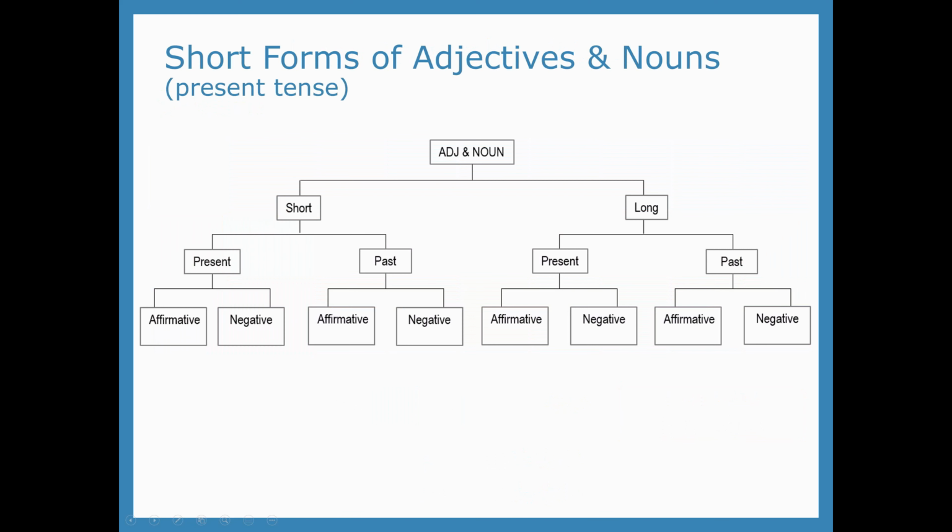So those are the changes that we make to verbs to put them in short form. But we also have a short form version of adjectives and nouns. Fortunately, it's very straightforward. The thing that most people have difficulty with is that they don't really remember the adjective conjugation that we already went over in chapter 5.